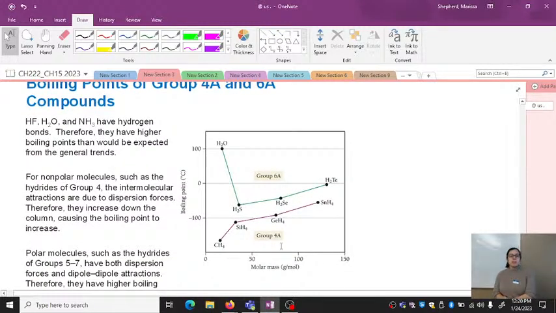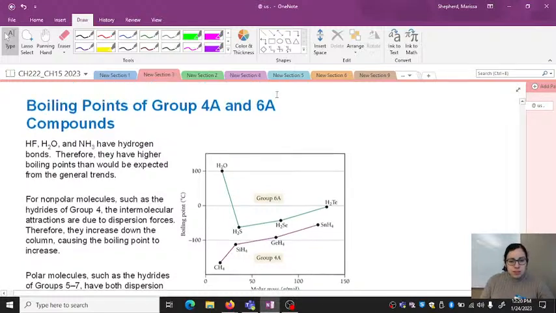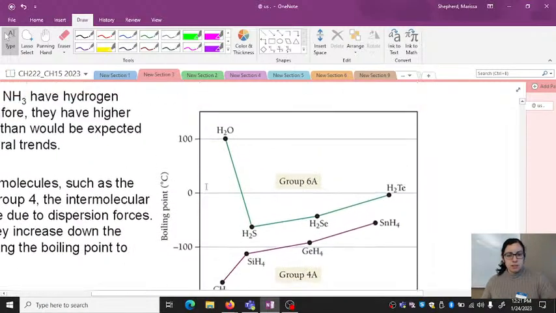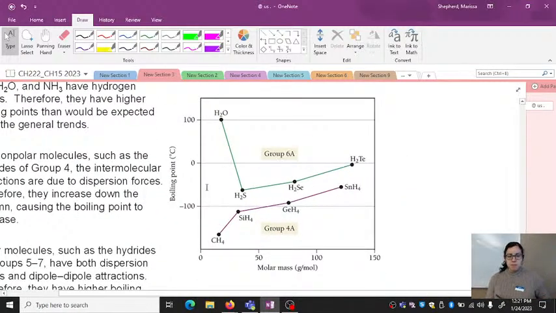And so looking at this chart, now this is comparing group 4 and group 6 compounds, and they are arranged with increasing molar mass roughly, except what's the anomaly and why? I'll give everyone a few minutes to look at this. So what's the anomaly?